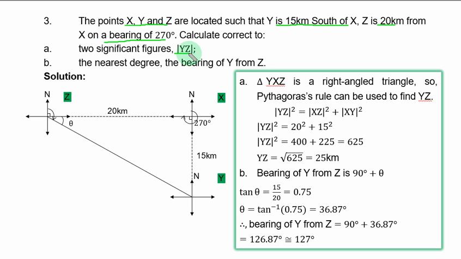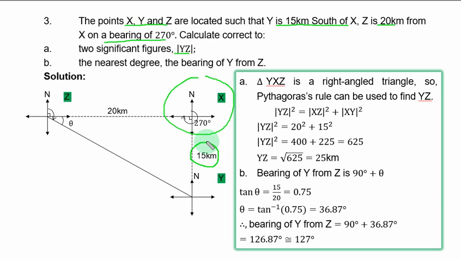Solution. Looking at the question carefully, you observe that Y is south of S and Z is from S, and the bearing is 270. So this is the best position for S, so that south of S is down. That is where Y is located, and the distance is 15 kilometers.